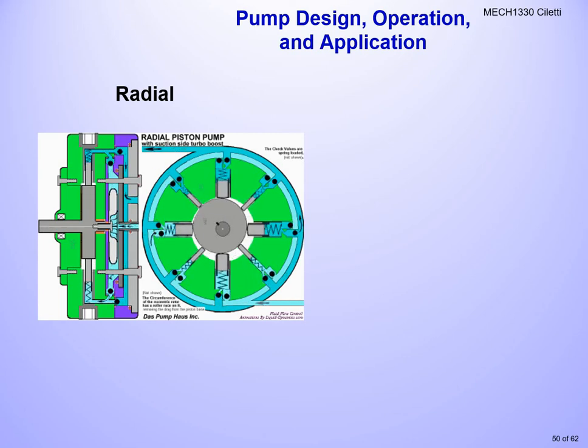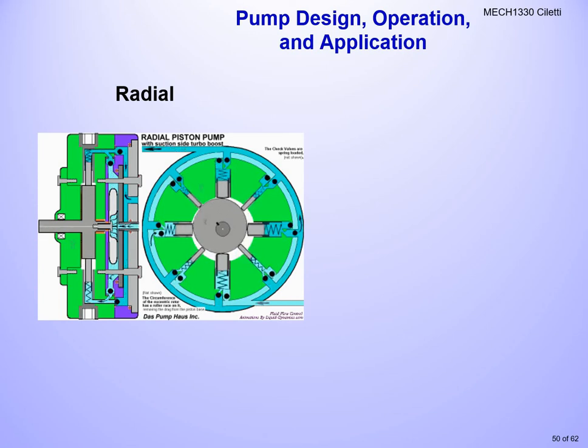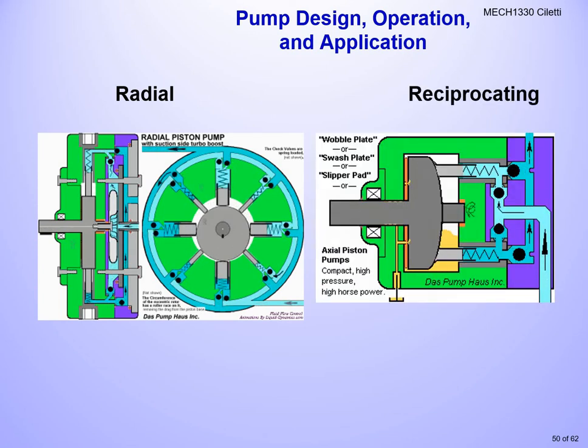As that rotor is rotating around in the system, we're sucking fluid in. Notice that there's balls and poppets, the little black circles on there, that control whether the fluid is coming into the cylinder or out of the cylinder. And as we're sucking fluid in through the inlet, we're blasting it out the outlet. So this is really what's going on when we have a radial piston pump. This is a really good animation for you guys to see what's going on.